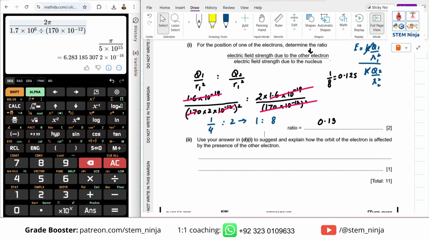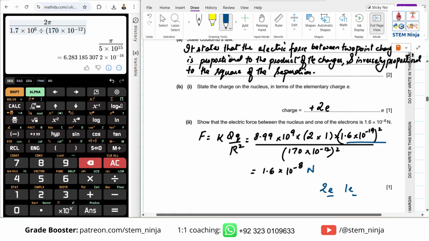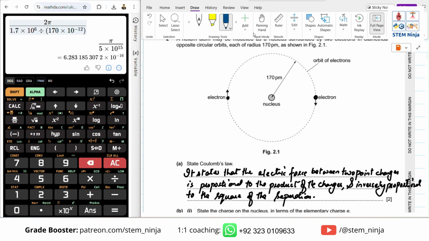All right, use your answer in D1 to suggest and explain how the orbit of the electron is affected by the presence of the other electron. So to understand that, we can go back and see the resultant force over here.